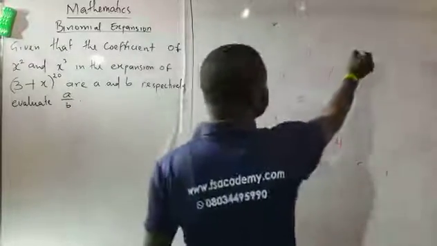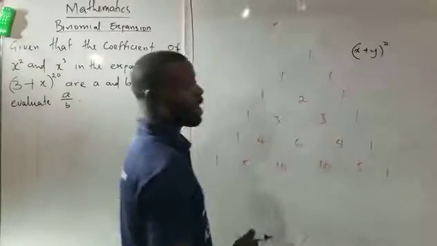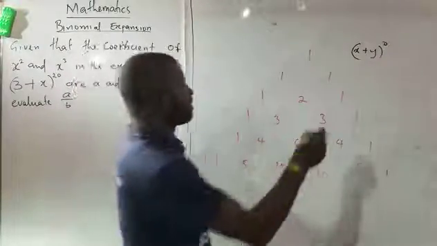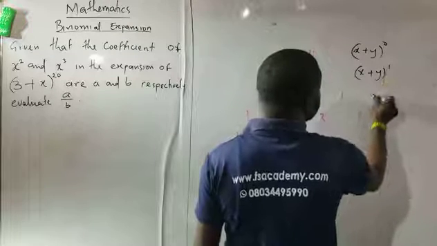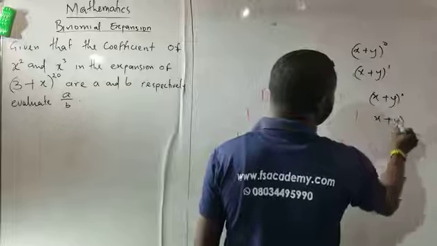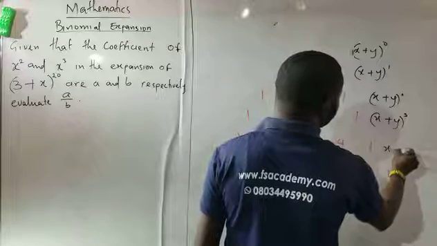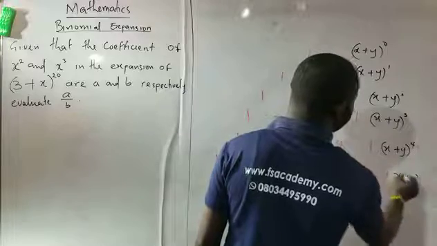At this point, this is x plus y raised to power 0. We are working along with their coefficients. This also is x plus y to the power 1, x plus y to the power 2, x plus y to the power 3, x plus y to the power 4, x plus y to the power 5.